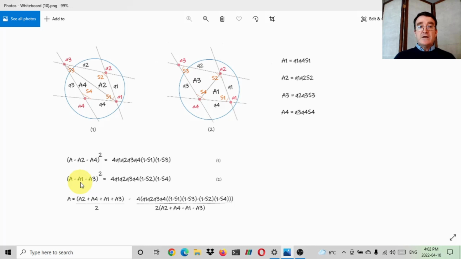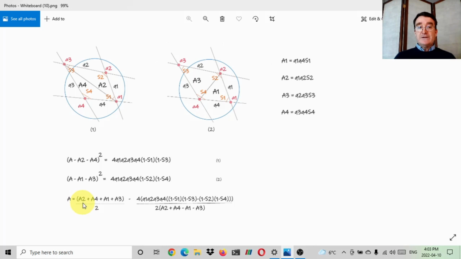In that case, the general formula for the quadria of the projective quadrangle becomes: A equals (A2 plus A4 plus A1 plus A3), all divided by 2, minus the square root of 4 Q1 Q2 Q3 Q4 (1 minus S1)(1 minus S3) minus (1 minus S2)(1 minus S4), all divided by 2 times (A2 plus A4 minus A1 minus A3).